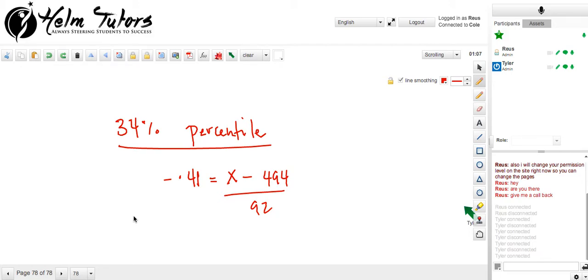That's right. What did you get? Negative 0.41 times 92 I got is negative 37.72, and then plus 494 I got 456.28 is the 34th percentile. Yep, that's what I got. Also, I wrote it down.